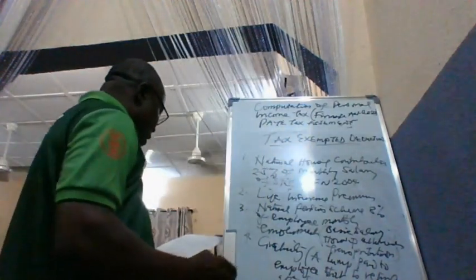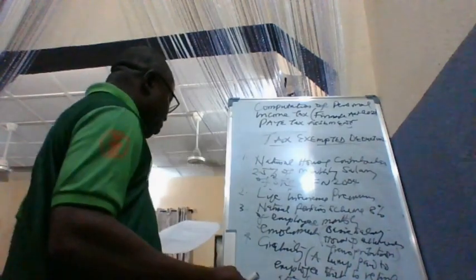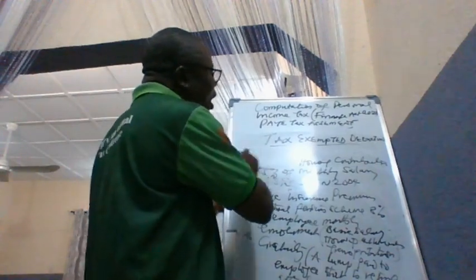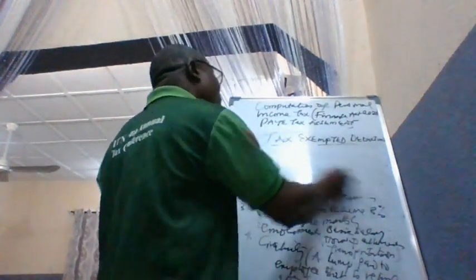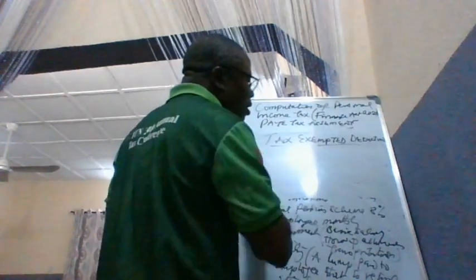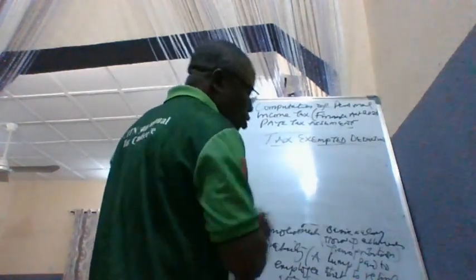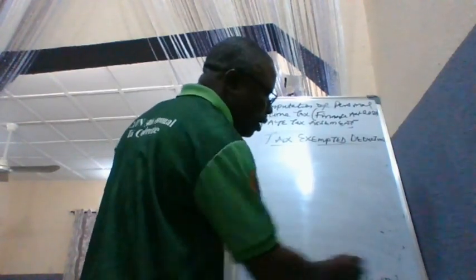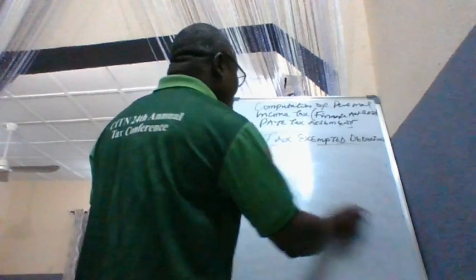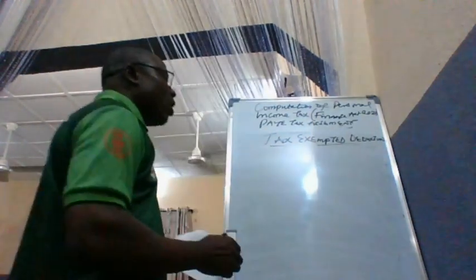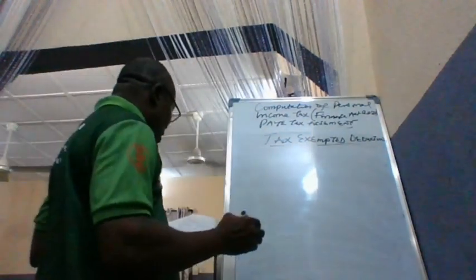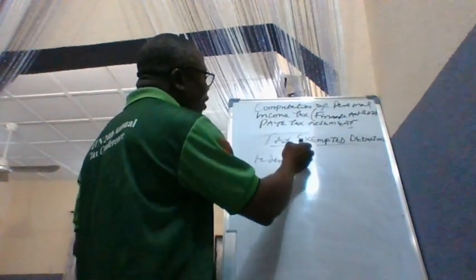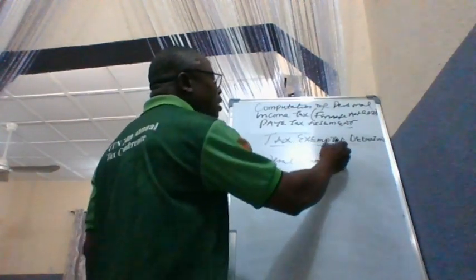So this one here, we have the law stating that an organization which has at least 10 staff should be considered under the national health insurance. Let's look at the contents. Now, at the federal level, that is public service.